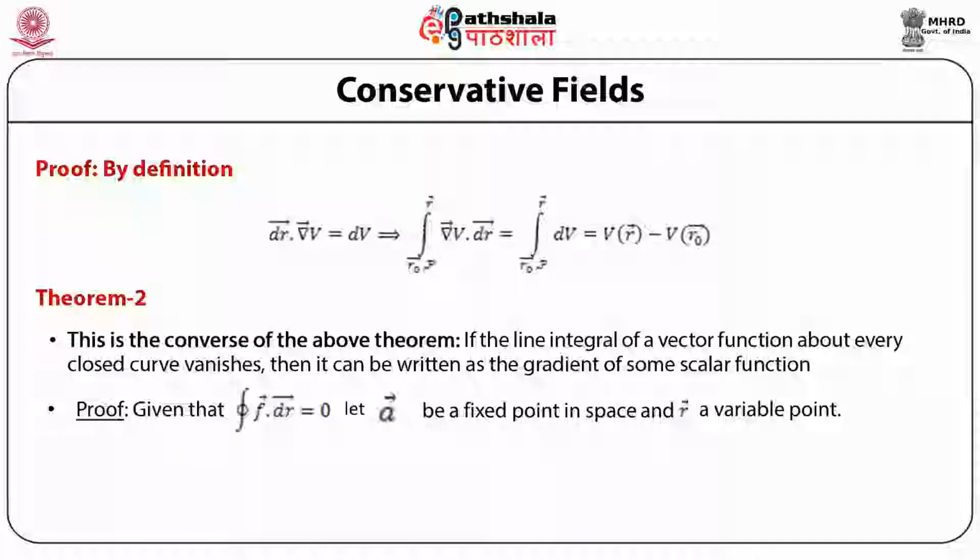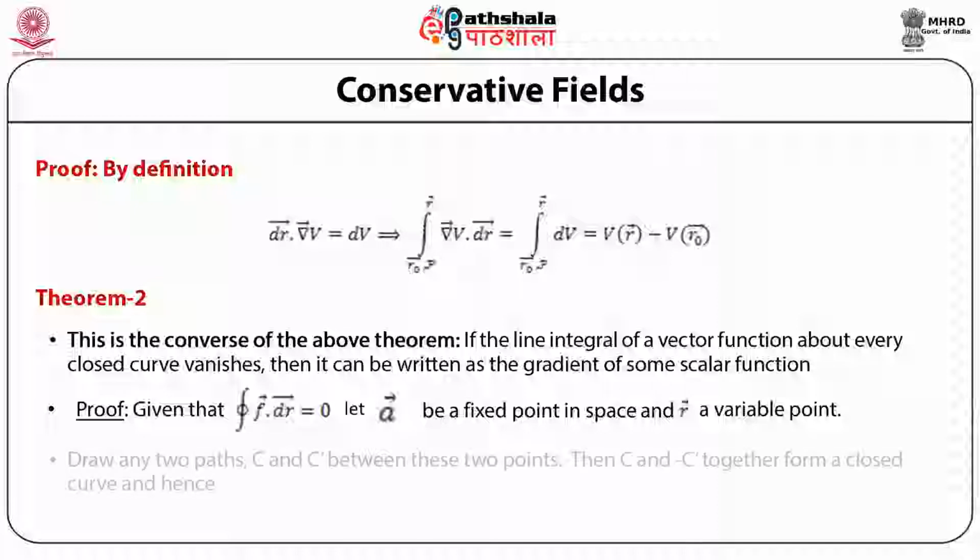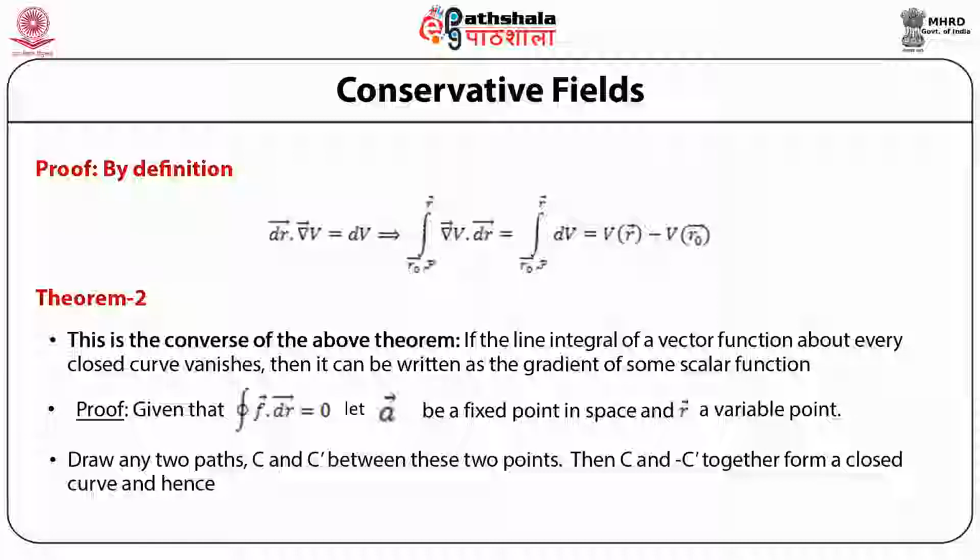Theorem 2. This is the converse of the above theorem. If the line integral of a vector function about every closed curve vanishes, then it can be written as the gradient of some scalar function. Proof: given that the integral of F·dr equals 0, let A be a fixed point in space and r a variable point. Draw any two paths C and C′ between these two points.